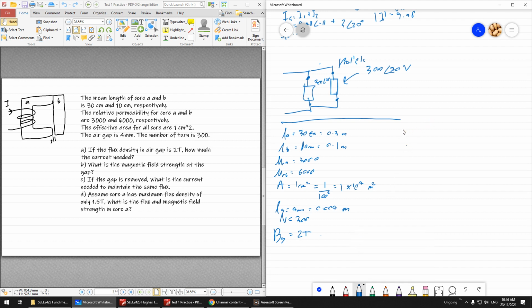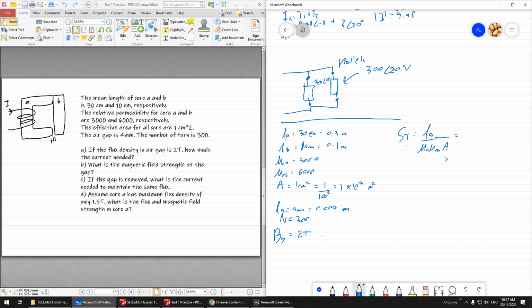So S total is just equal to LA divided by mu naught mu rA A. Because it said that the effective area is all the same. And if they don't mention it, it means that the area at the gap is also the same. They usually say that there is no fringing effect. So if there is no fringing effect, the area remains the same.